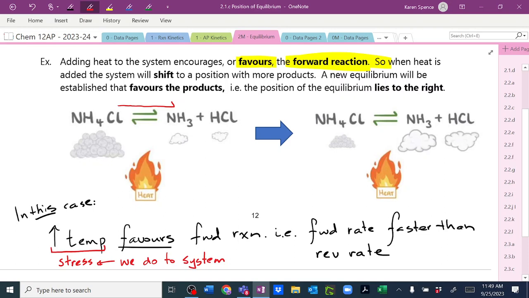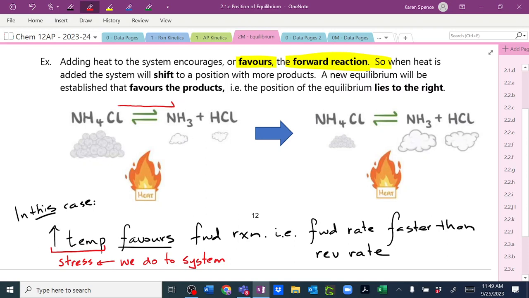Now, if we increase the temperature, what happens to the speed of the particles? The particles move faster. If the particles are moving faster, what happens to the number of collisions? It increases. It doesn't matter whether it's reactants or products, it will still increase.